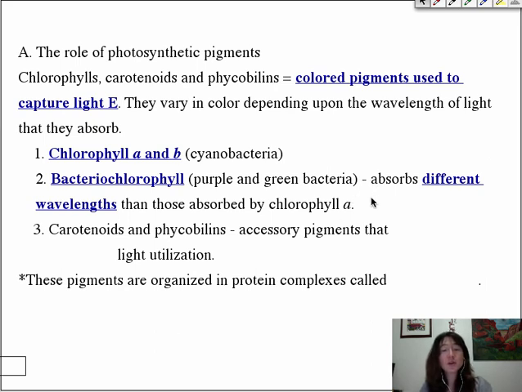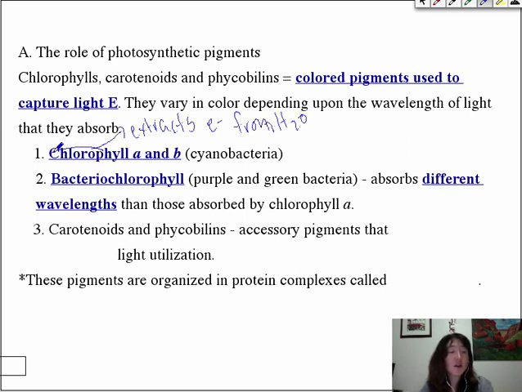Now, what is true about that is that green and purple anoxygenic phototrophs never compete with oxygenic phototrophs for ecological niche. We might ask, what is different here in these bacterial chlorophylls versus chlorophyll A and B? Well, one thing is that chlorophyll A can extract electrons from water, right? And we know that to be true, it's a strong enough oxidizing reagent to extract electrons from water.